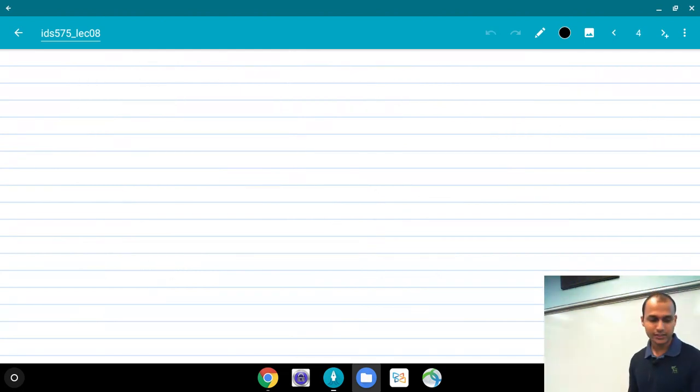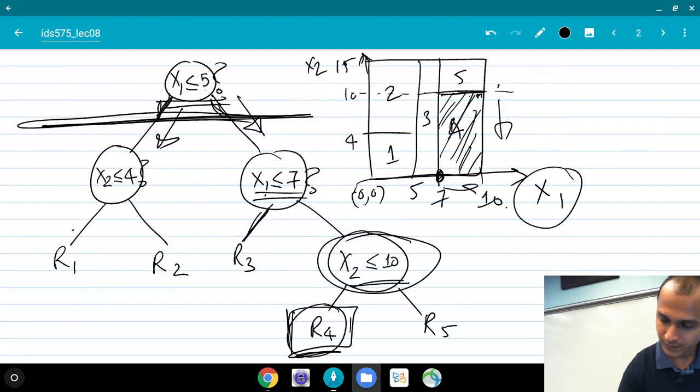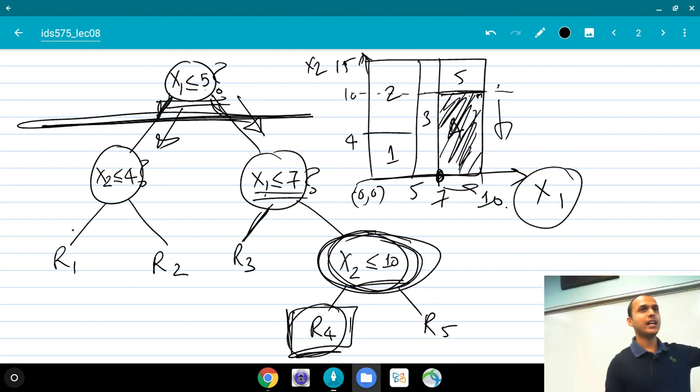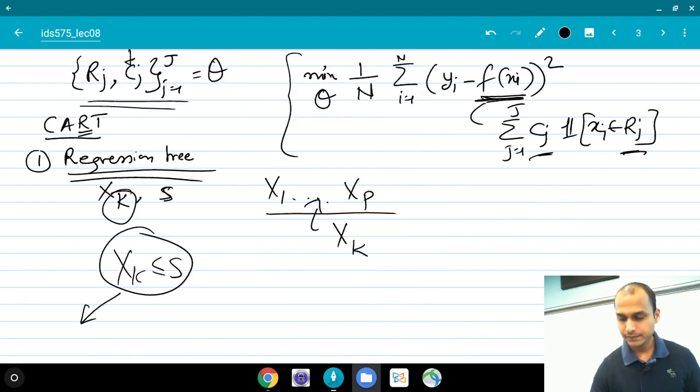The criteria for regression is going to be the following. Let's go to this example. Region 4 came about because of this inequality. That inequality gave region 4 and region 5, so each split gives me two regions, and I start with one region.